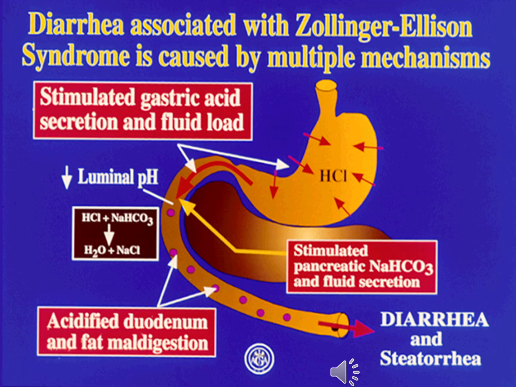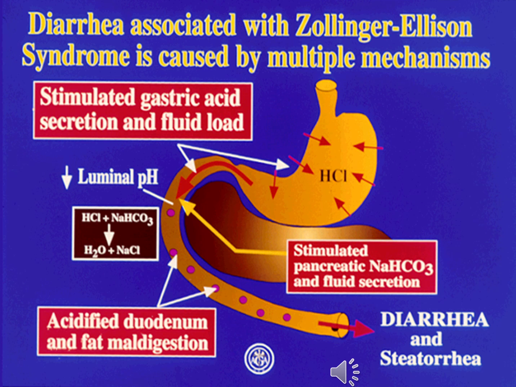In gastrinoma or Zollinger-Ellison syndrome, there is an increase in gastrin production. And gastrin will increase HCl production from the stomach, so there is an increase in the amount of fluid secreted by the stomach, because increase in HCl is associated with increased fluid secretion. The increased acid reaches the duodenum and stimulates bicarbonate secretion from the pancreas and from the liver, and thus there is increased fluid secretion into the duodenum.